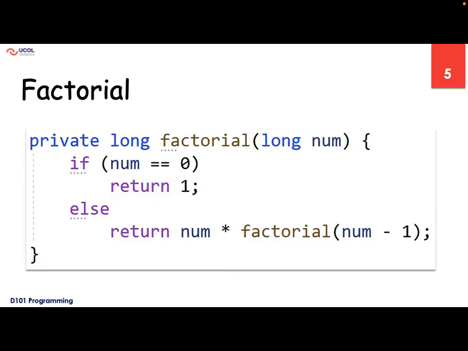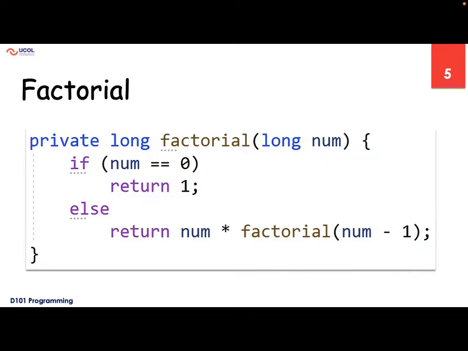If it is not the case, if the value of the number is not 0, what are we going to do? We say number multiplied by the same method name. We are calling the same method, factorial, in the body of the same method, but with one value less than what is coming as input.